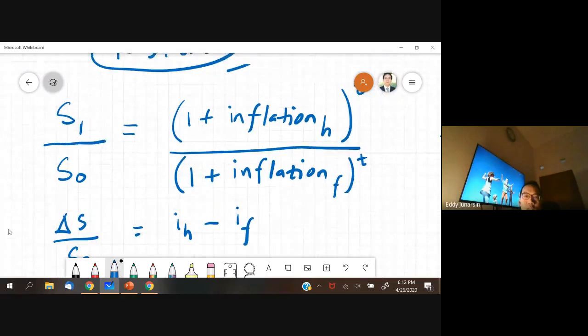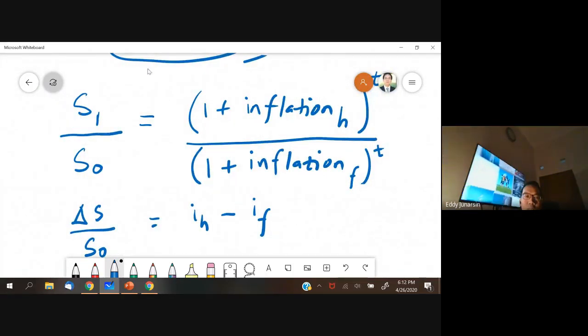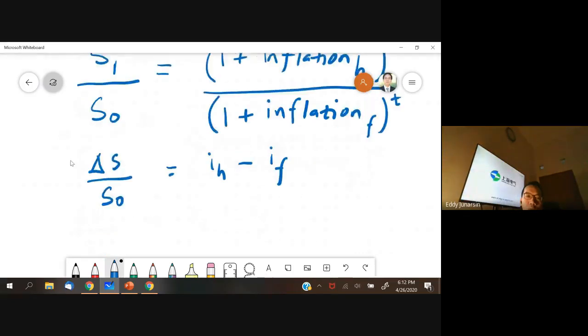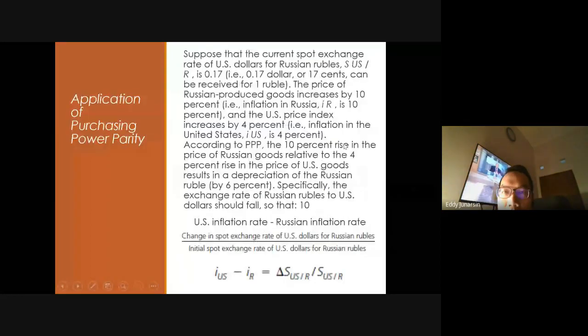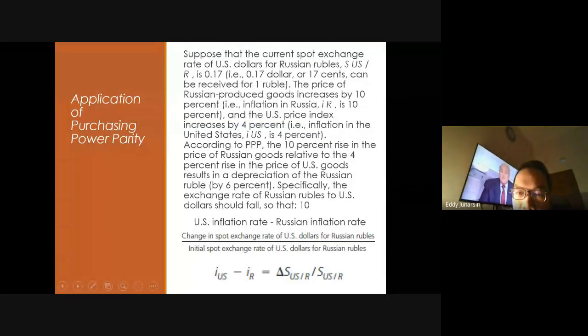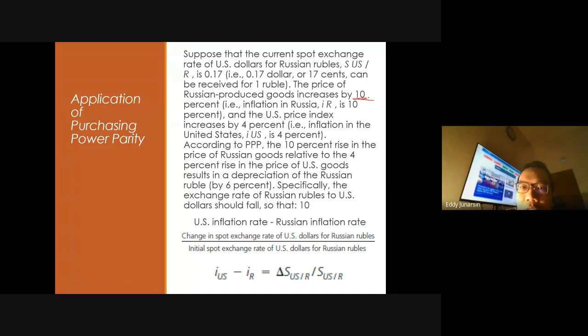So there are two styles here. This is the expected spot rate in the future. This is the initial spot rate, but the one in the bottom is the delta spot rate, so the change in spot rate, right? So we see an example here. Russian inflation is 10%, and the US inflation is 4%.